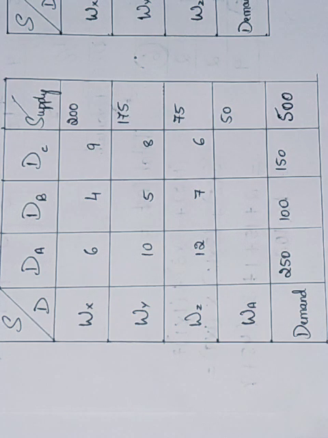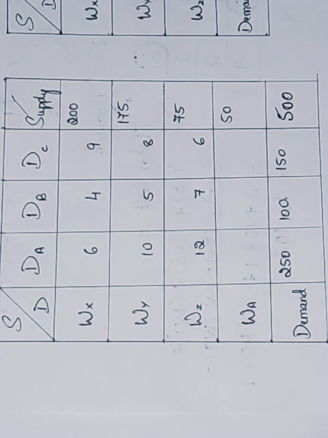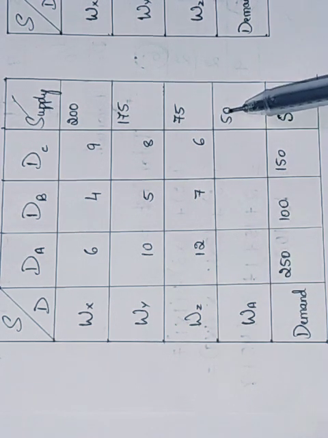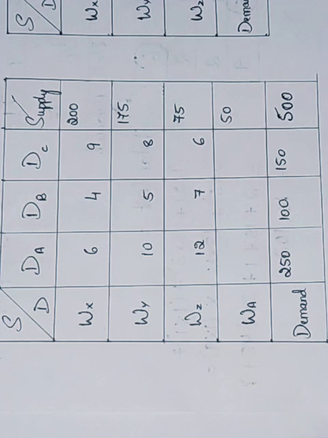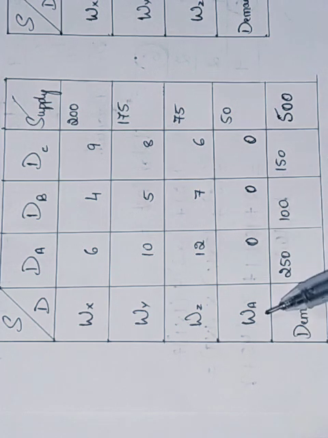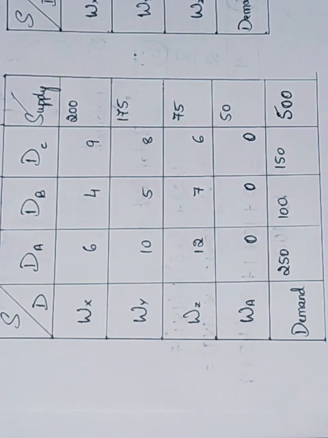Now our unbalanced transportation problem is converted into a balanced transportation problem by introducing a dummy warehouse which produces 50 units. Whenever we introduce a dummy warehouse, the cost for it will always be 0. So the cost of transporting from the dummy warehouse to the destinations will be 0. In this way, first we have to convert the unbalanced transportation problem into a balanced one.